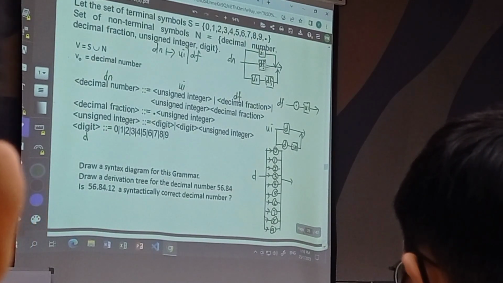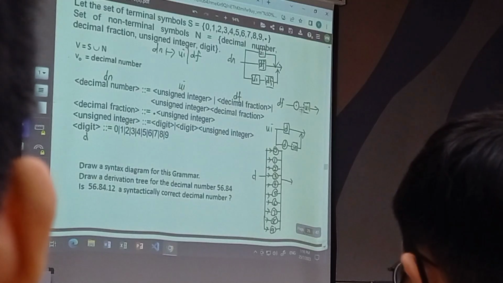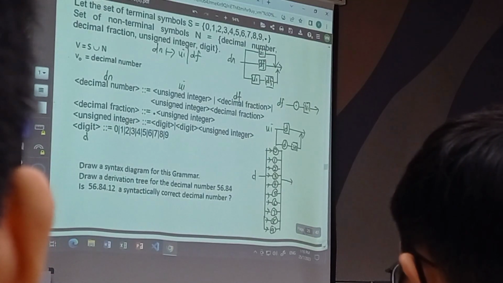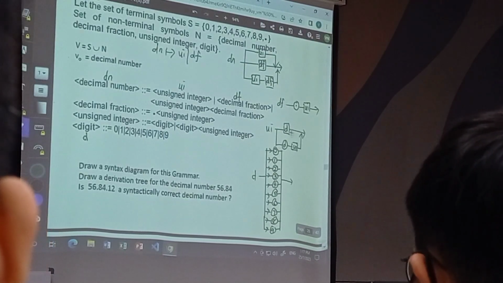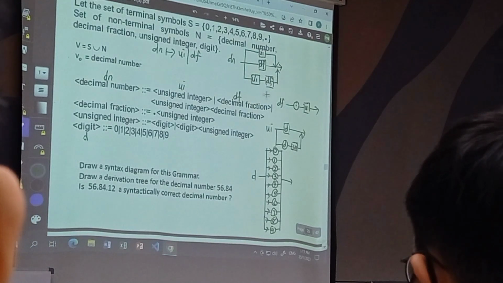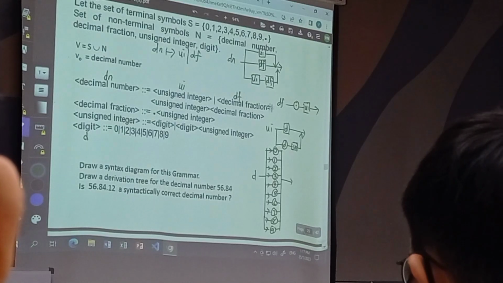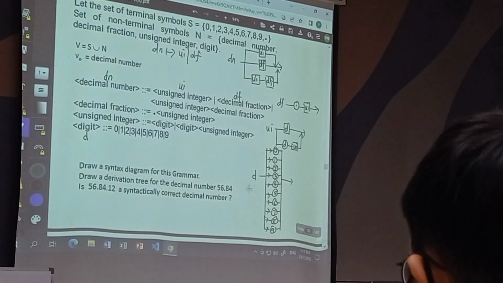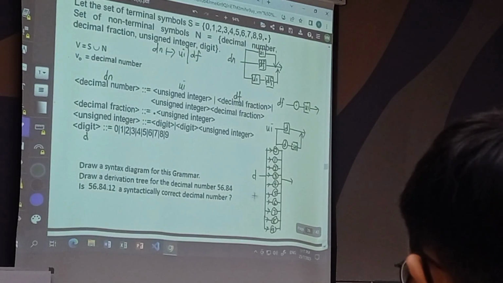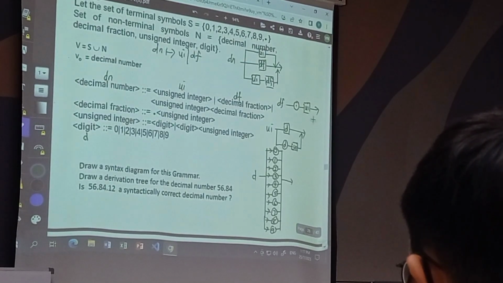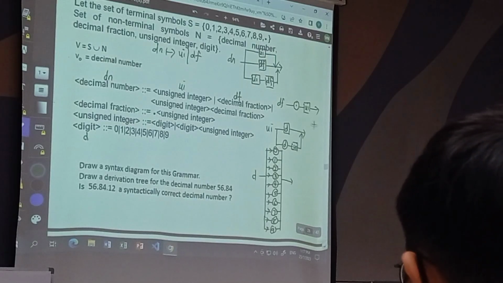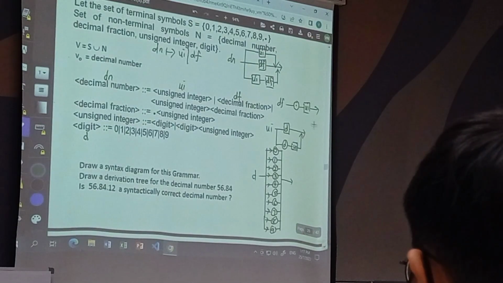Decimal fraction you need to substitute it with a decimal point with the unsigned integer. Then later on the unsigned integer you can substitute it with digit. So meaning that if you want to get the master diagram, you need to have a terminal symbol, which means our unsigned integer we must replace it until the digit, then only we can get the terminal symbol, right? You know what I'm saying?